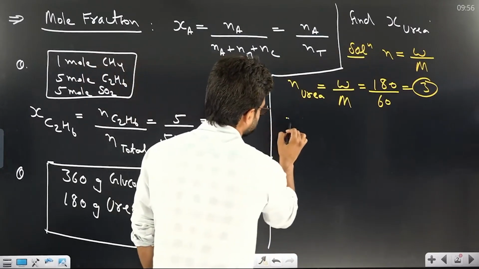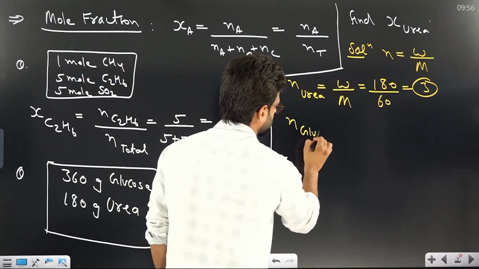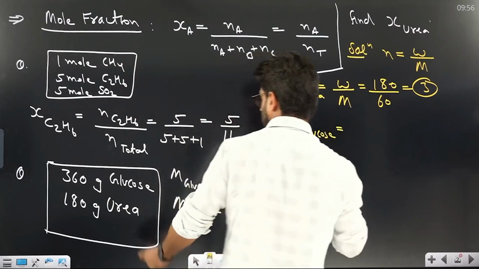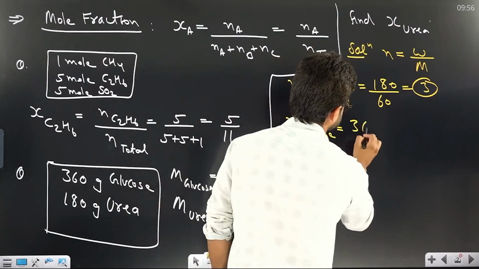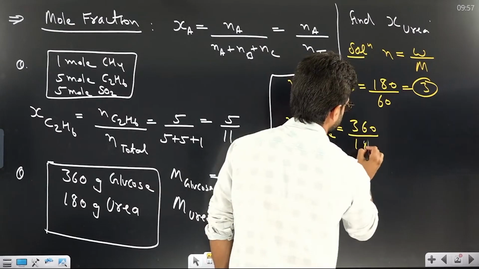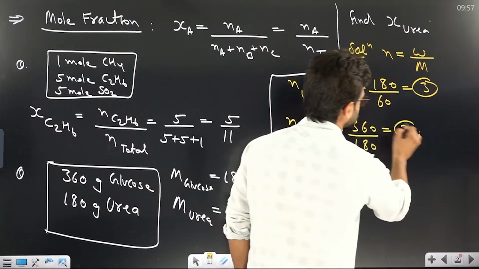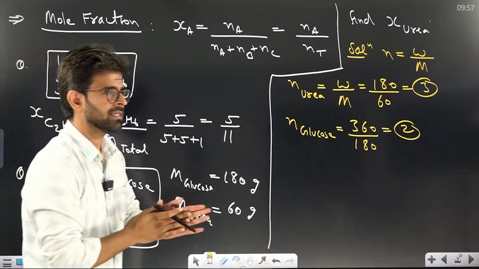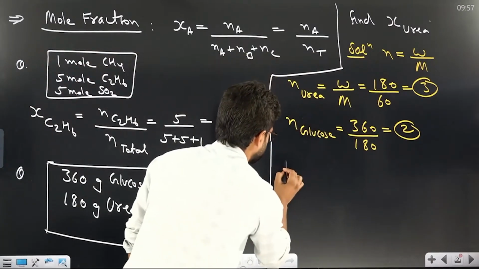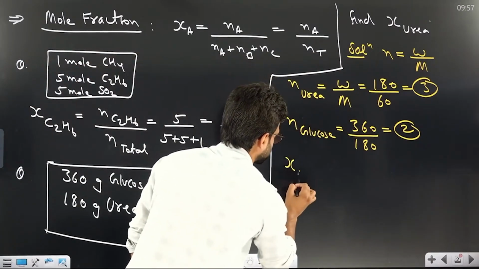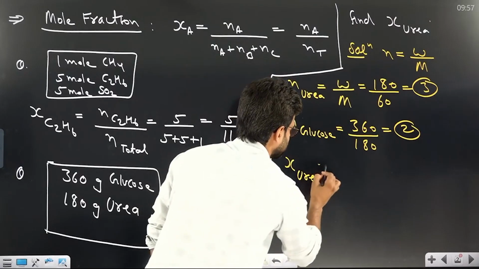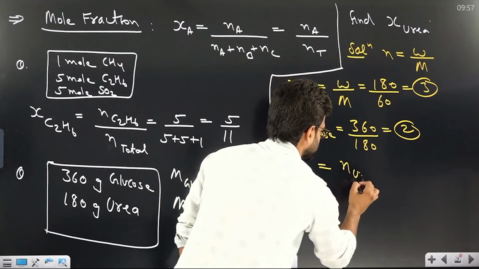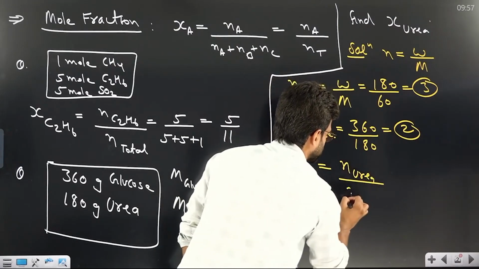The next thing, I want to find the moles of glucose. How much weight is given? 360. The molar weight how much? 180. How many moles coming? 2. Right. Very good. Next thing is, our target is to find the mole fraction of urea. So I will say it is moles of urea divided by total moles.